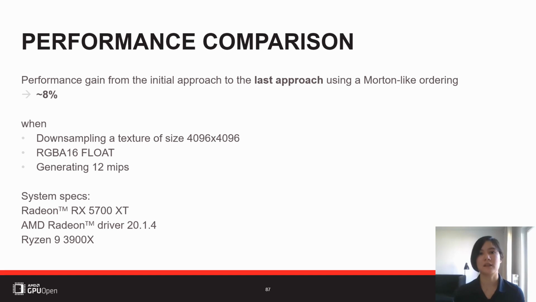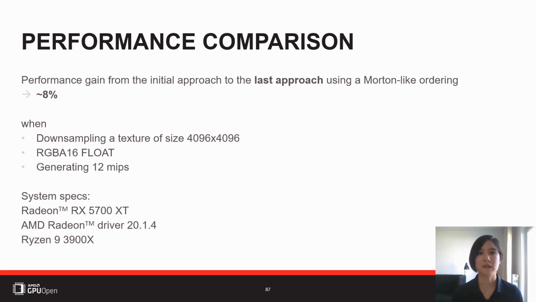We had downsampling at a texture size of 4096, with an RGBA16 float format, generating 12 MIP levels. For this complete pass, we see an 8% performance improvement by just changing the way the thread indices are organized.